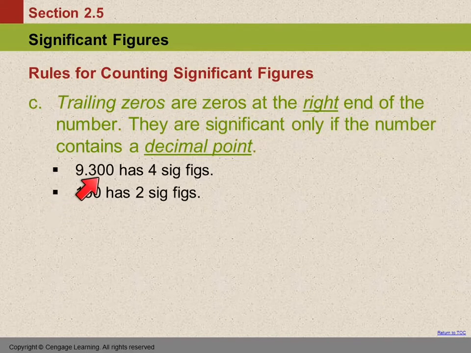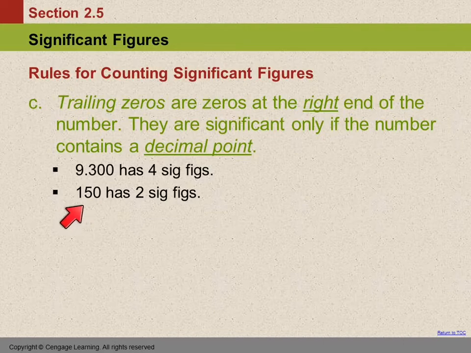When we record a measurement, we are implying that the uncertainty lies in the last digit. So in the earlier example, we recorded this measurement, and this is the estimated digit, but we're certain of the hundredths place. The thousandths place is where the uncertainty lies. In the number 150, it's not clear.